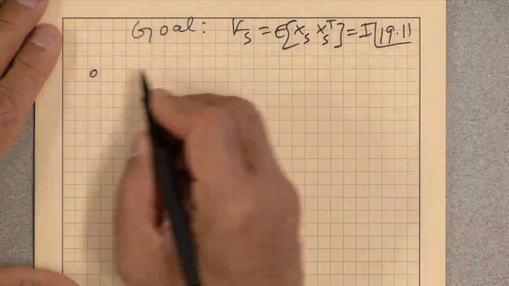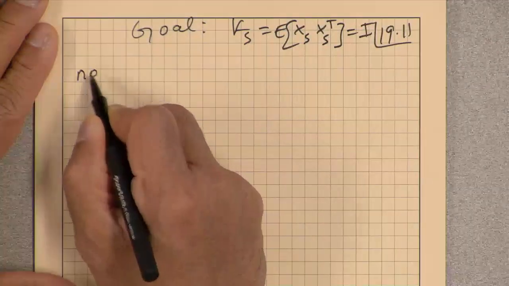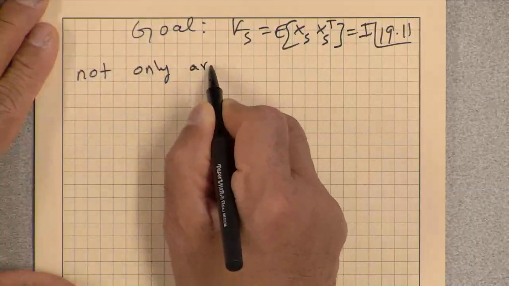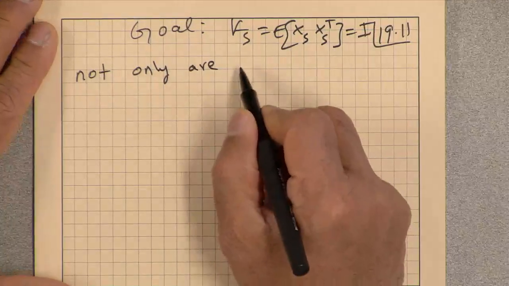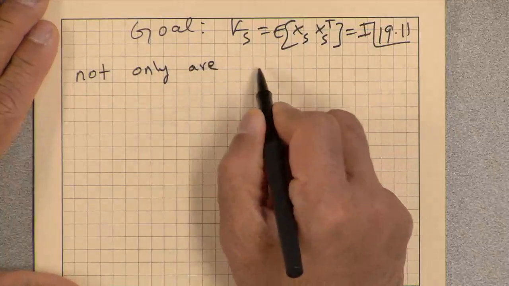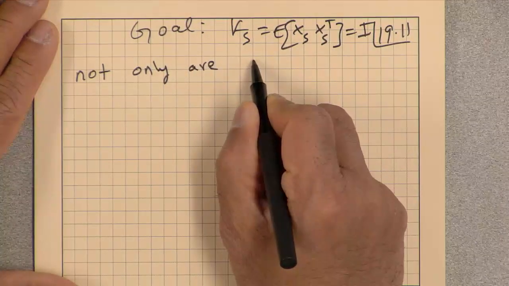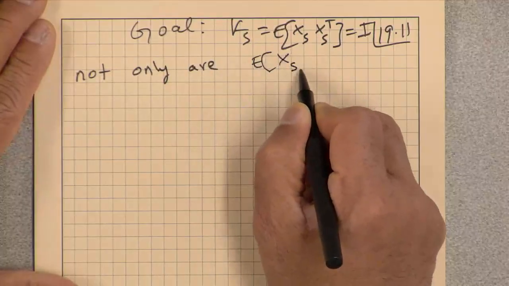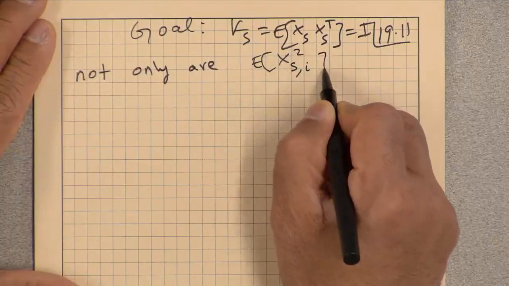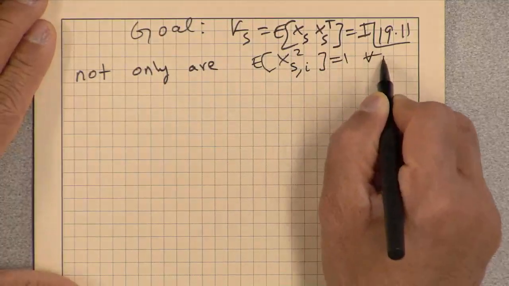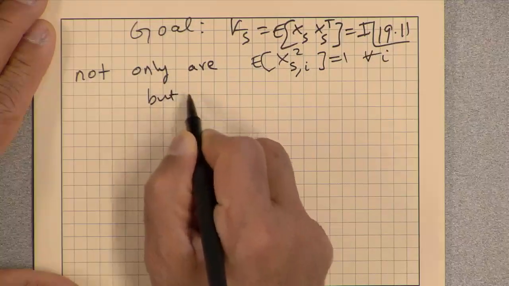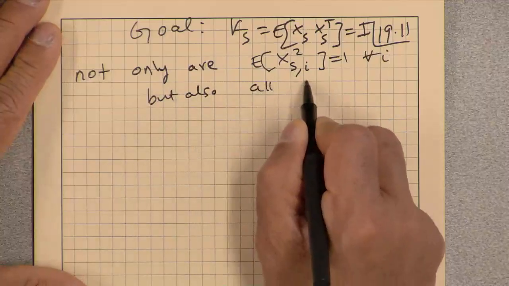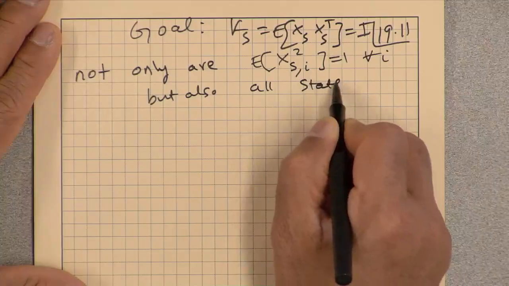That means that not only is the expected value of x scaled i squared equal to 1 for all i, but also all states are orthogonal.